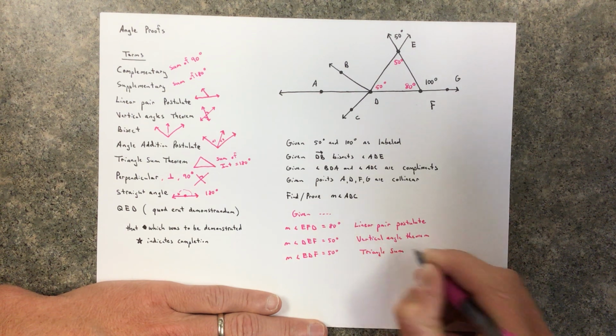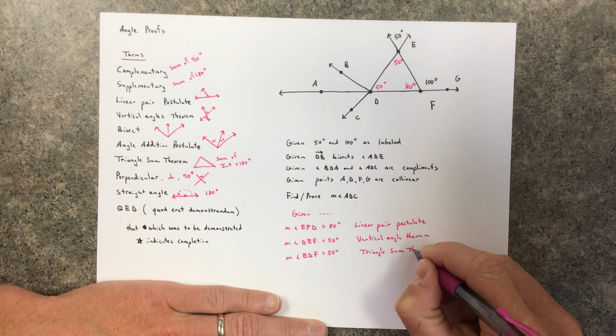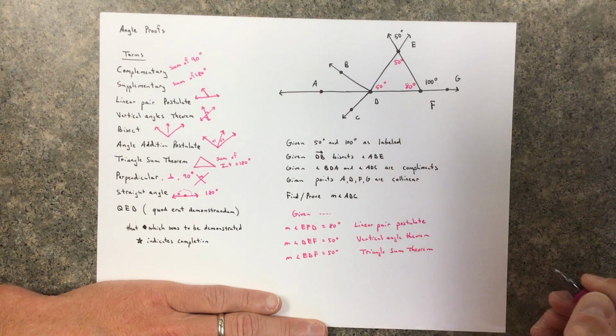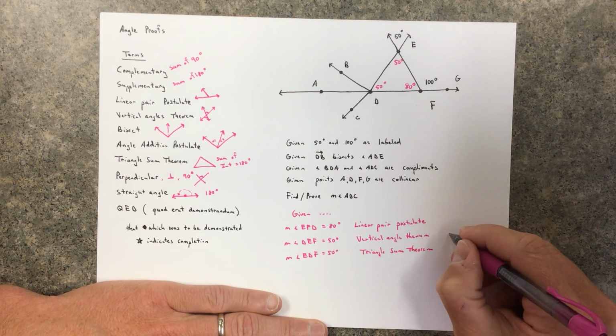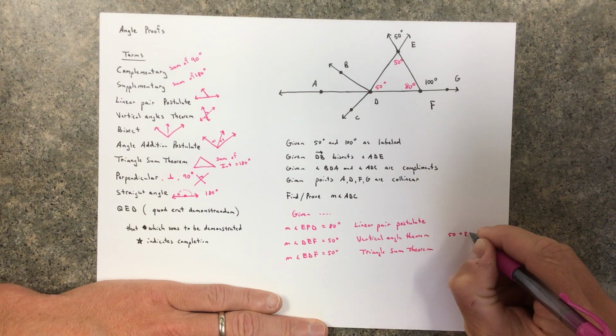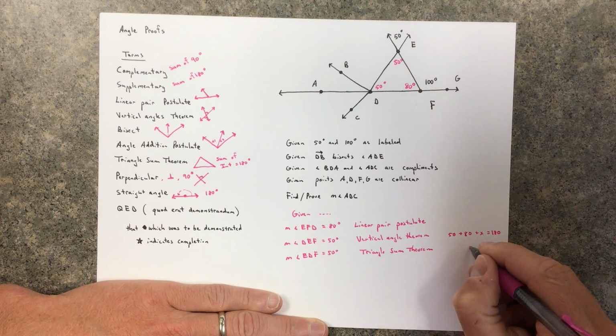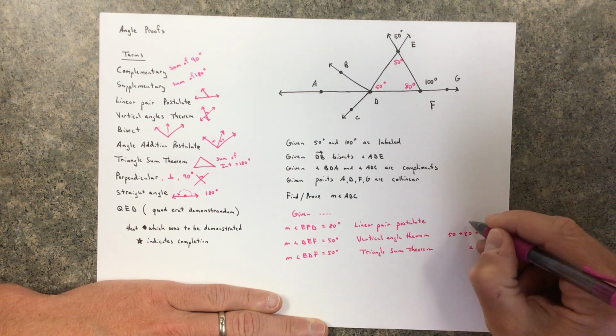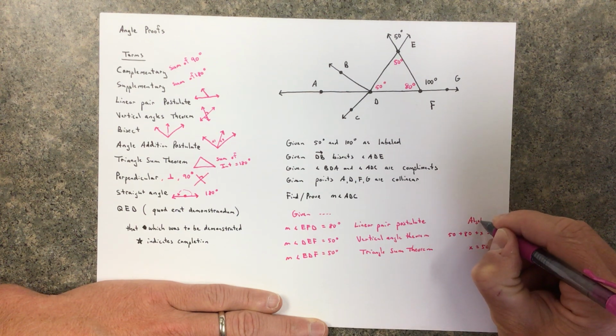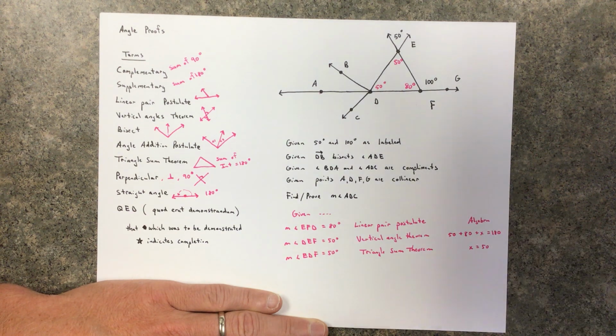I know that the three angles in a triangle add up to 180 degrees, and I know that 50 plus 80 plus x equals 180. I just did some algebra to get that, so maybe we can justify that with some algebra. Really just a subtraction.